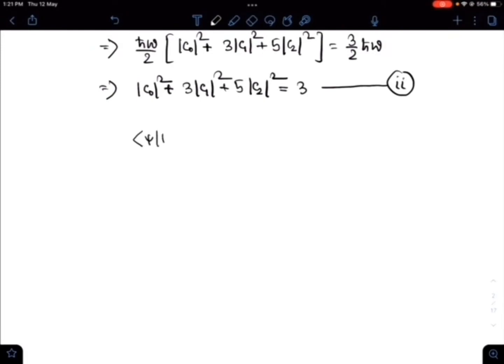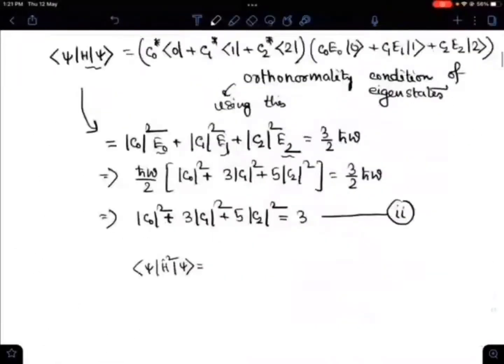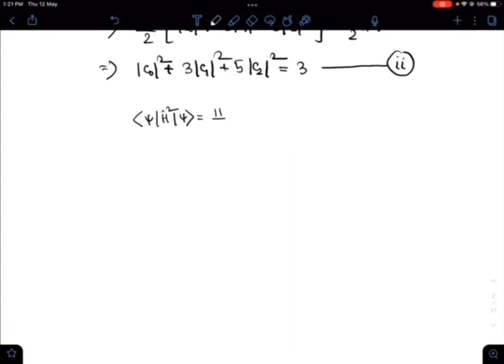<psi|H^2|psi> should be 11/4 h-cut^2 omega^2. Like the previous way, first we have to calculate this. We have already calculated H|psi>, which comes out to be the sum over i of Ci Ei |i>. Let me write it in short way.